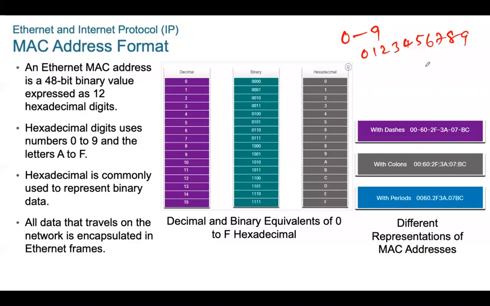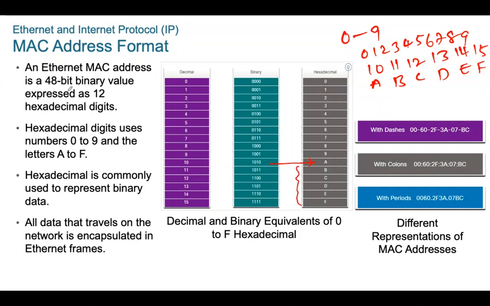So that's why we call them decimals. Hexadecimal means 16, right? So 10 is represented with capital A, 11 with capital B, 12 with C, 13 with D, 14 with E, and 15 with F. So here you can see 10 is represented with A and it goes on.